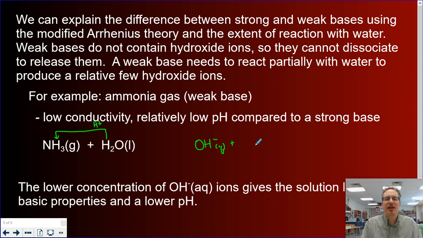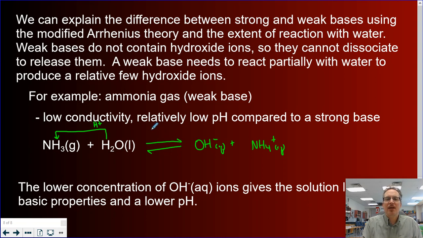And NH3, when it gains another H positive, is NH4 positive. Because this is not a strong base, I cannot attach a quantitative arrow. Because it's a weak base, I'm going to use an equilibrium arrow. And because it's weak, the majority of my reactants don't want to go to products. They don't want to dissociate.